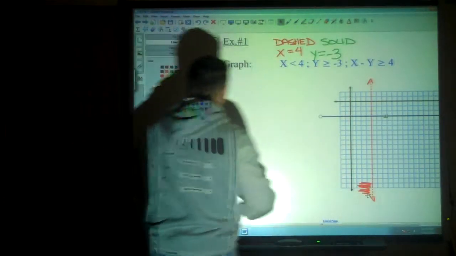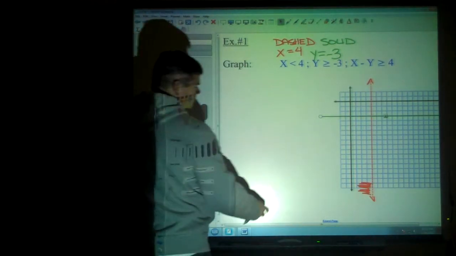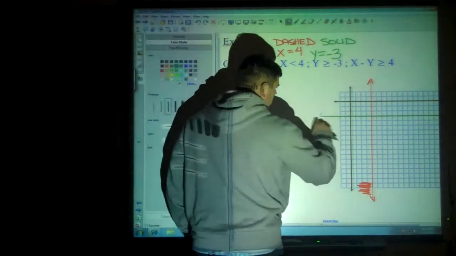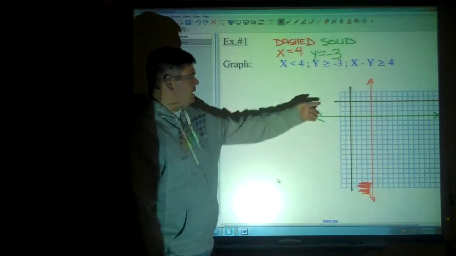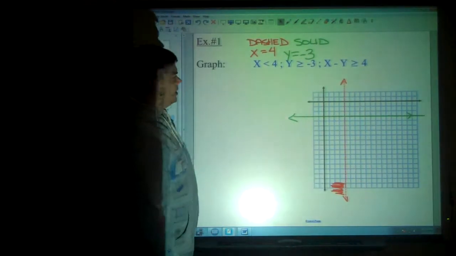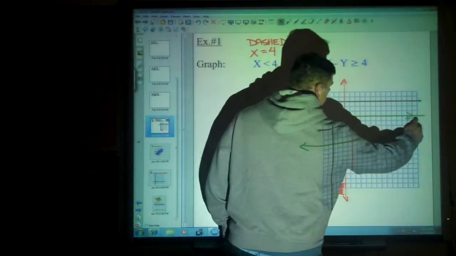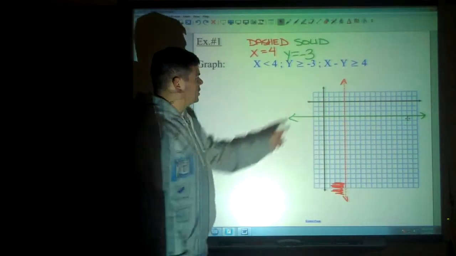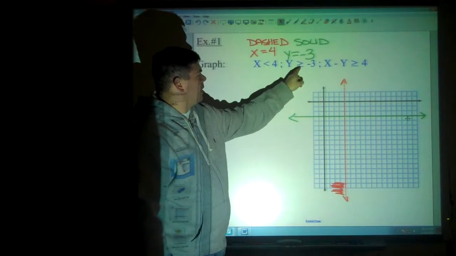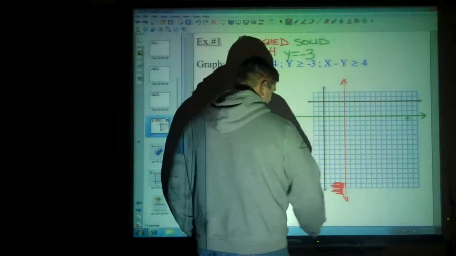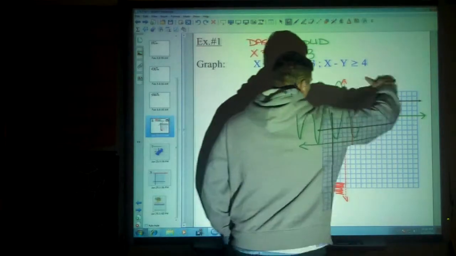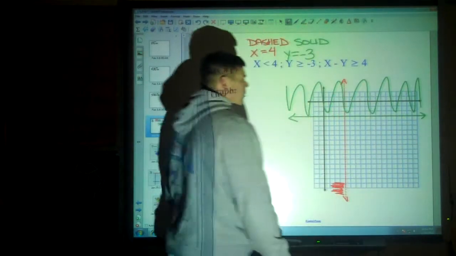Change this to green. And now I need to test a point. The easiest point to test is once again 0. So I plug 0 in for y. Is 0 greater than or equal to -3? The answer to that is yes. Which means in reality, all the answers to this inequality are up above.